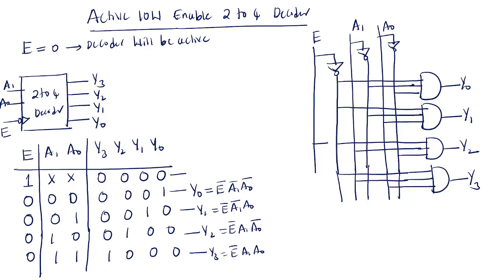Is it fine? Yes, sir. Okay. Next, active high enable and active low output 2 to 4 decoder.